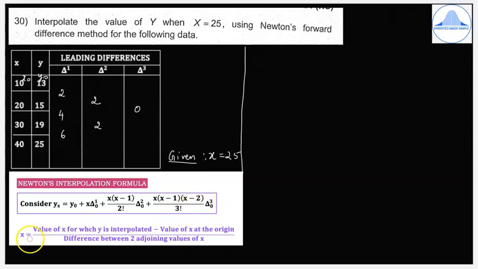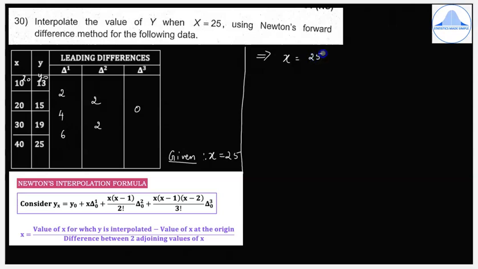And how do we calculate this x? Now don't confuse this x with this. We have to find out y when x is equal to 25, whereas this x which you see in the formula is nothing but value of x for which y is interpolated minus value of x at the origin divided by the difference between two adjoining values of x. So to keep it simple, x is nothing but the value which is given to us in the problem. What is that value?